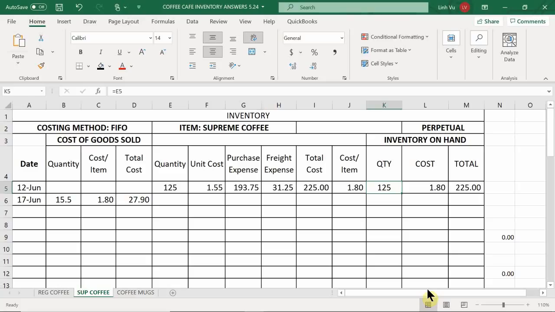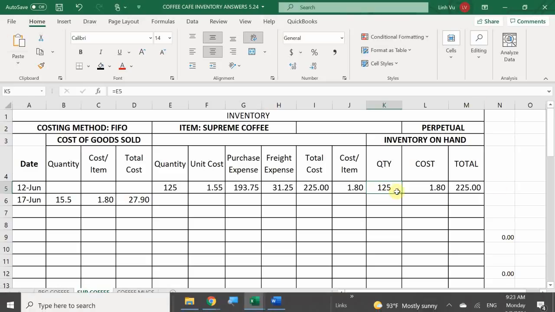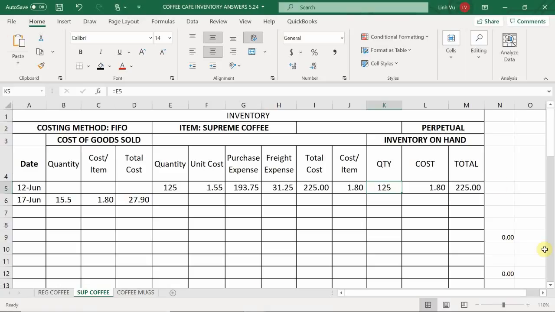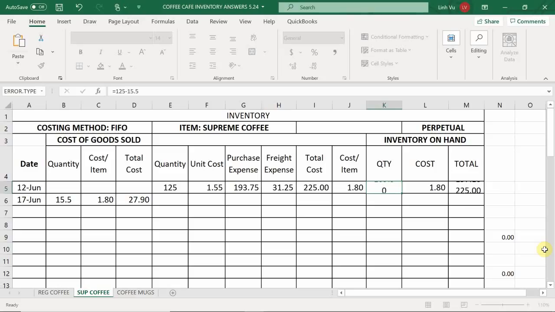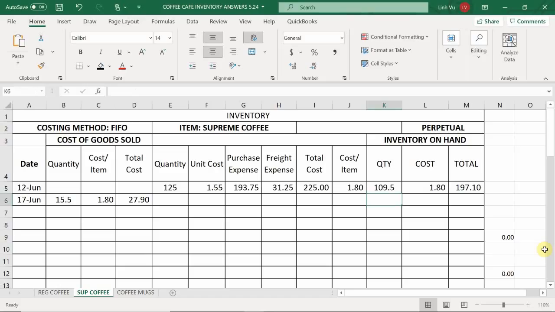But remember, your cost per item will not change. It will always stay at $1.80. Or, since I have my formula in my total cost anyway, I can just type in 125 minus 15.5, and it should give me 197.10, which is correct.